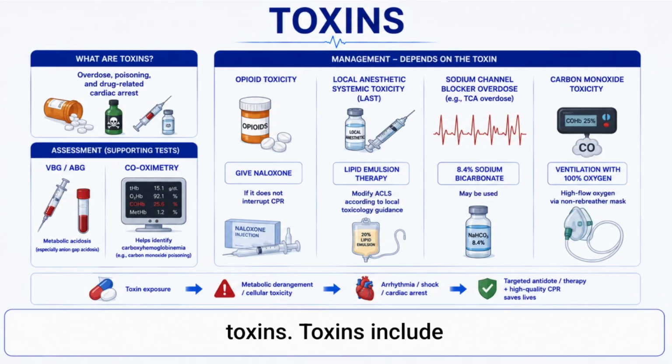Toxins. Toxins include overdose, poisoning, and drug-related cardiac arrest. A VBG or ABG may show metabolic acidosis, especially an anion gap acidosis. Co-oximetry can help identify carboxyhemoglobinemia, which is important in carbon monoxide poisoning. Management depends on the toxin. In opioid toxicity, naloxone can be administered if it does not interrupt CPR.